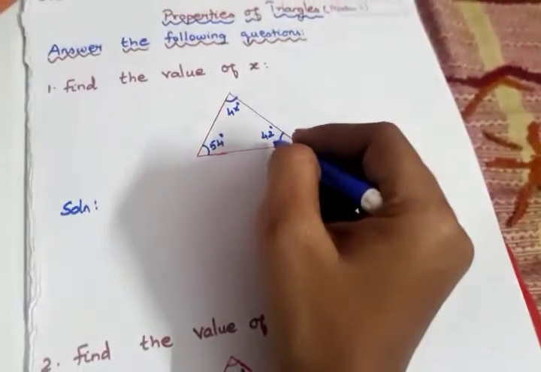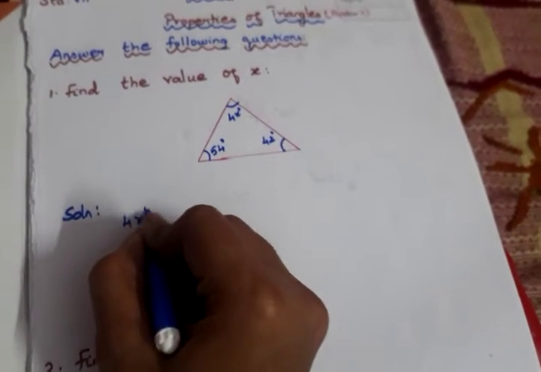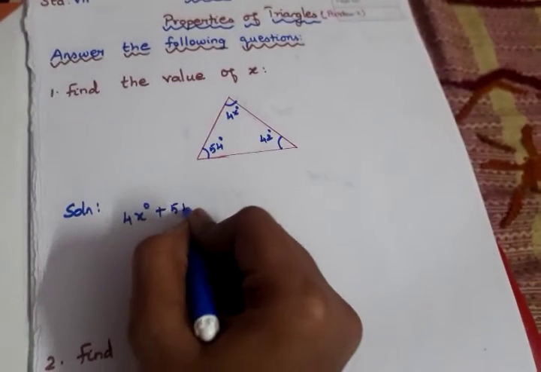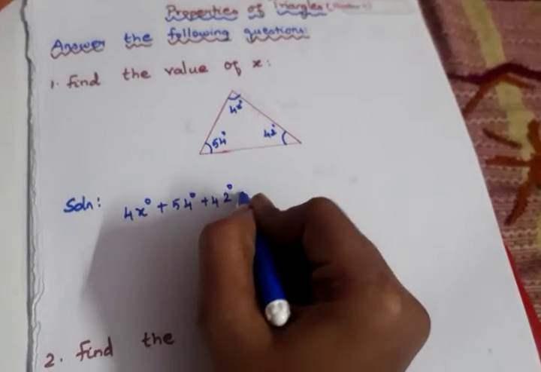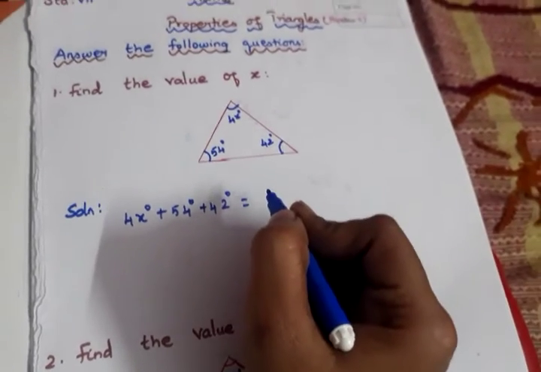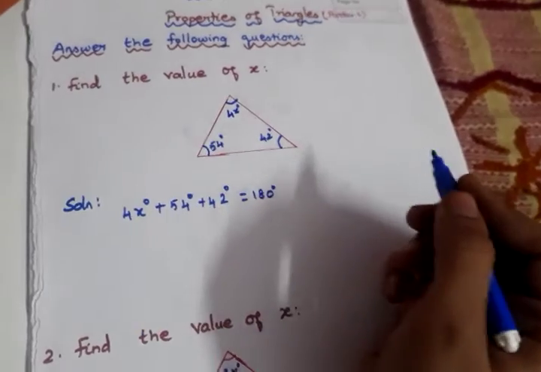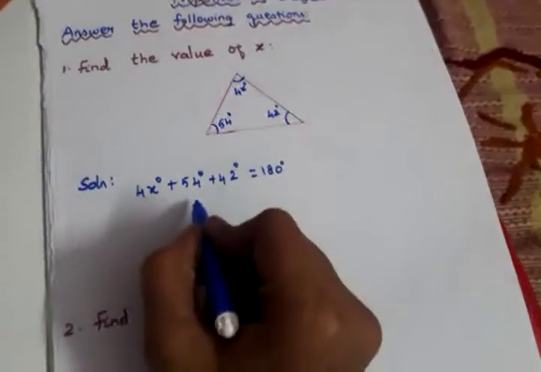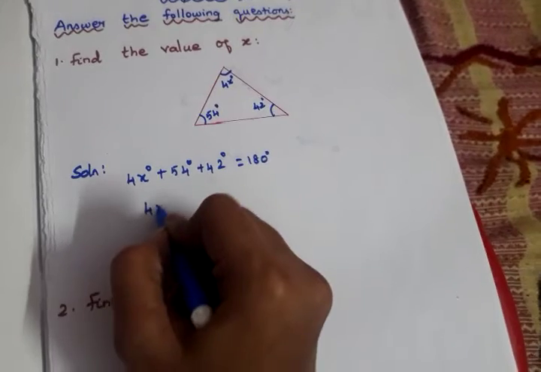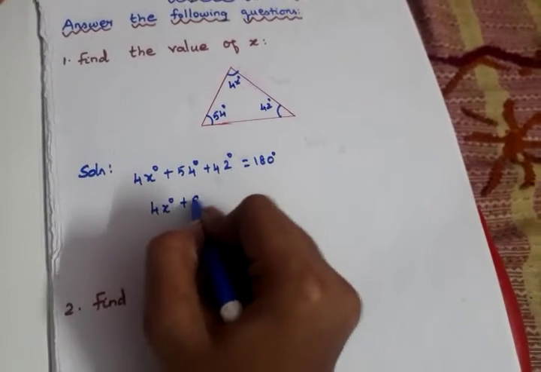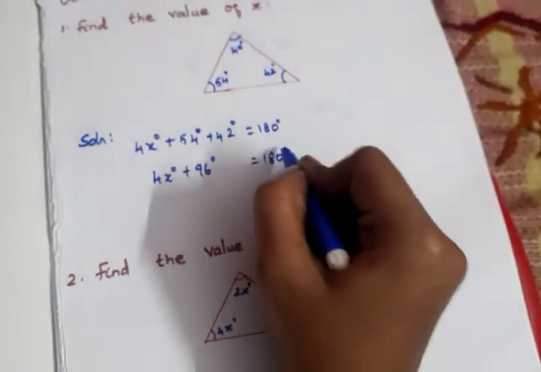So 4x degrees plus 96 degrees is equal to 180 degrees.